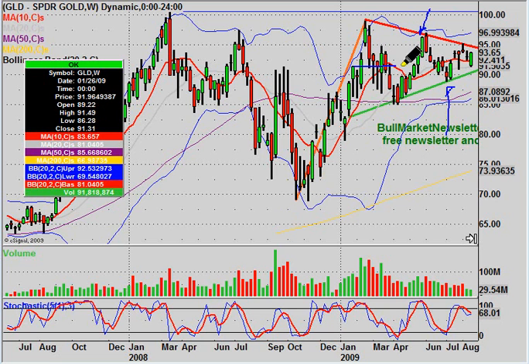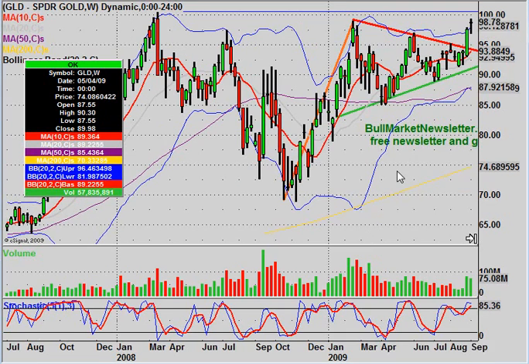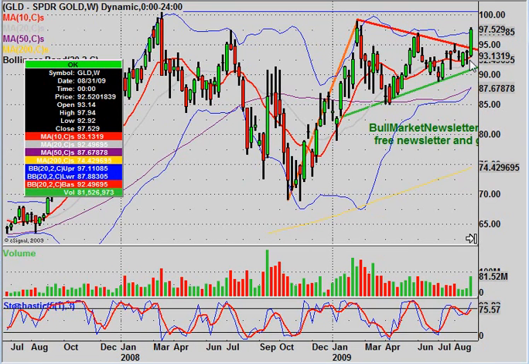For pretty much the first 7 or 8 months of this year, it was kind of a wait and see of, okay, are we going to break to the downside of this pattern, or are we going to break to the upside? Through the past couple months, we finally got our answer. There was a break to the upside, and you look down here at volume, and you see it was way above average volume for the breakout.